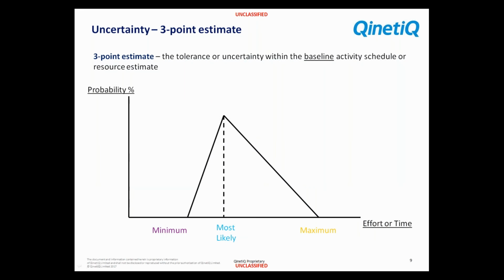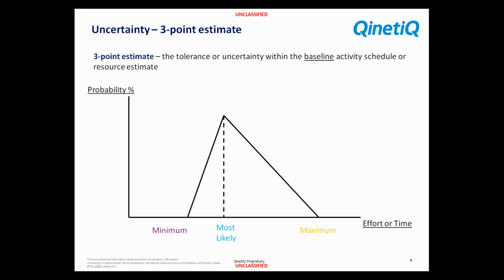So let's just refresh ourselves. I'm going to consider the impact, the 3-point estimate, as a triangular distribution, as I've defined here. And this is the uncertainty around my baseline activity. I can do it either as a schedule, or in terms of cost or resources, effort.